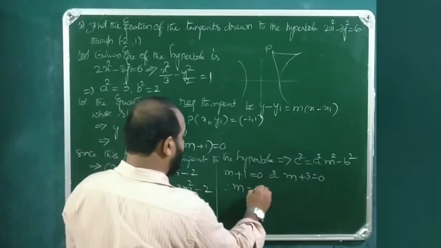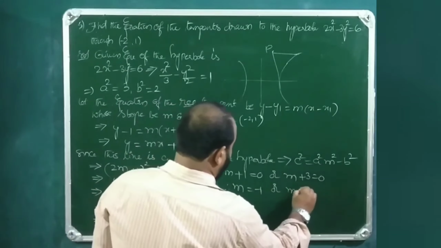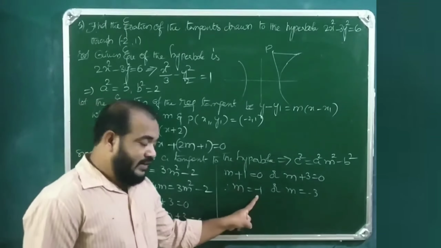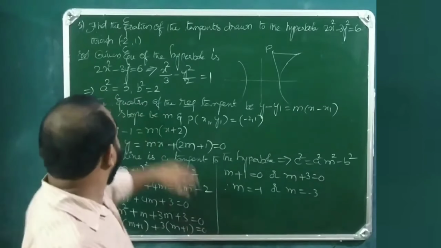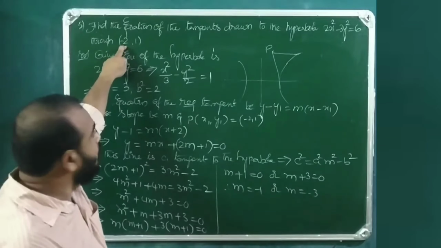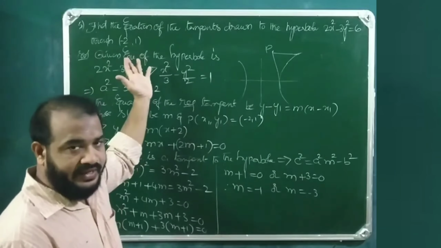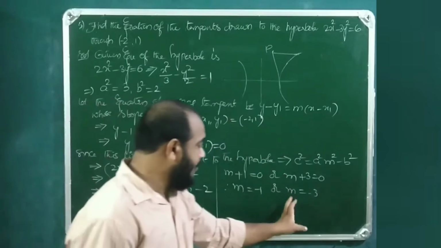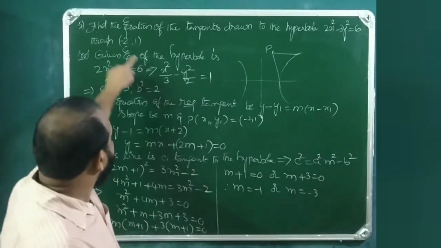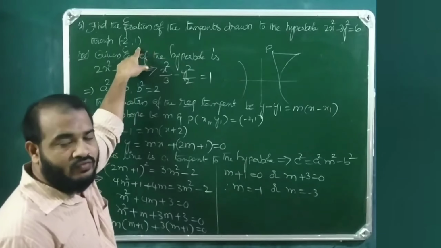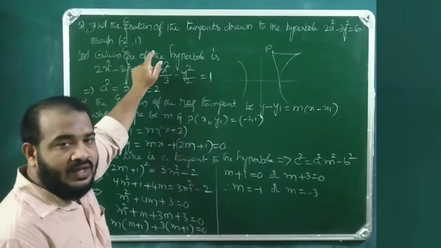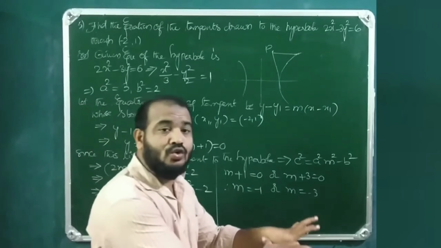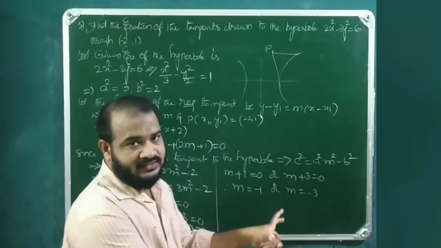Therefore, m equals -1 or m equals -3. So, taking m equals -1 and the point (x1, y1), using slope-point form we get one equation of the tangent. In a similar way, with m equals -3, we get the other equation of the tangent. In this way, we get the two individual lines.